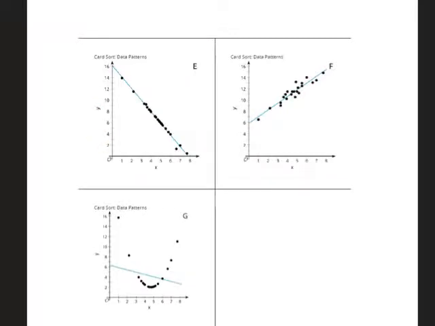F, good linear model. As X increases, Y increases. And lastly, G is not a good linear model. The data is not forming a line. This is something called a quadratic model or parabolic model, and you'll learn about that in Algebra 2. On the next slide, you're going to see more of the same information plus the data sorts.